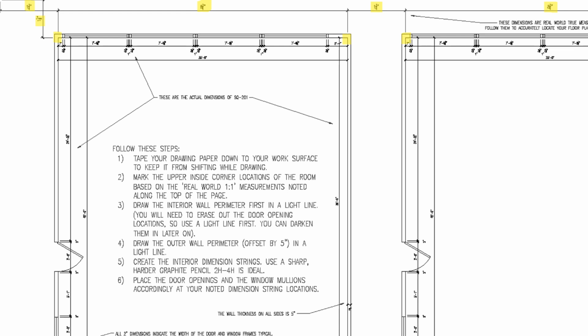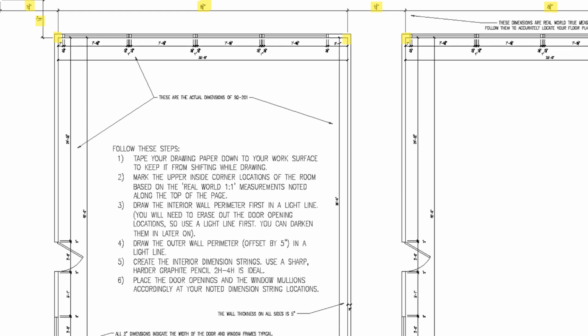So these dimensions that are highlighted across the top, note that there is a note over here on the side, and it's slightly cut off. It says that these dimensions are real world dimensions. So real world imperial inch units.